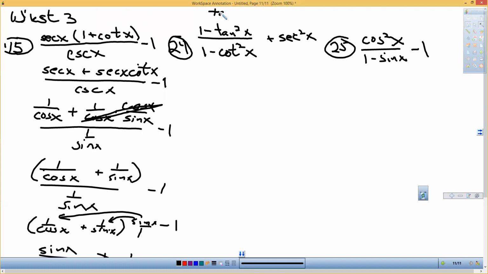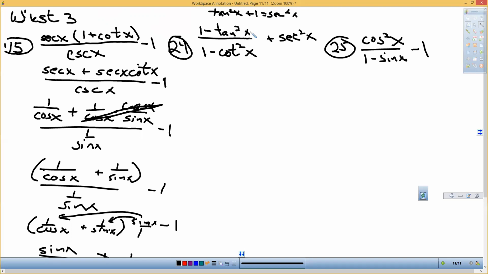I know that tangent squared x plus 1 equals secant squared x. So what I can do is subtract this 1 over, and that tells me that tangent squared x is equal to secant squared x minus 1.